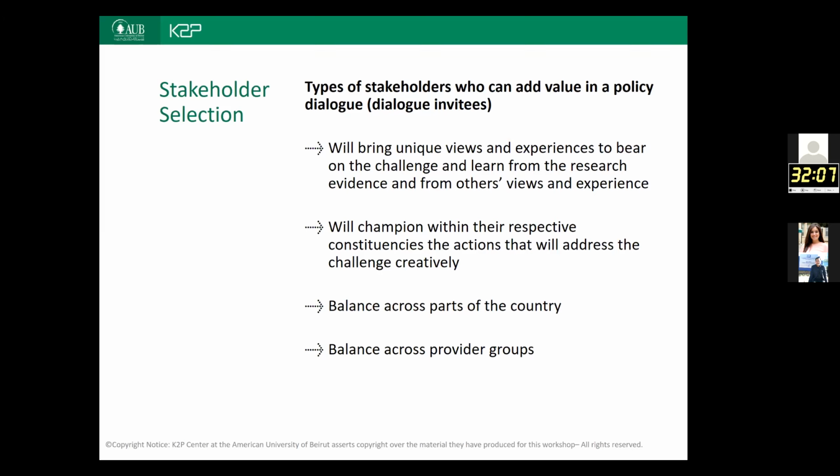Usually for every single stakeholder we have on the list, we identify if they are pro or contrary, or they have their own agenda when it comes to the policy dialogue. Once you have this as an initial step, this would really support you during the policy dialogue to address their concerns.